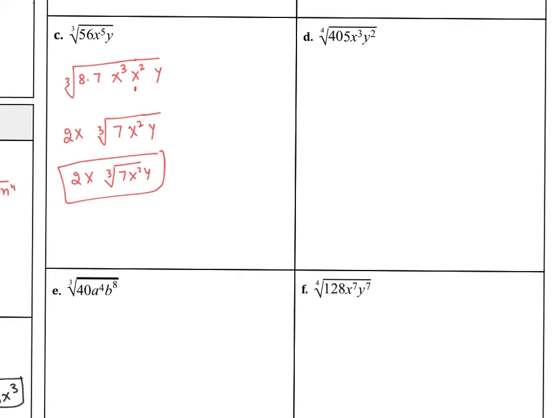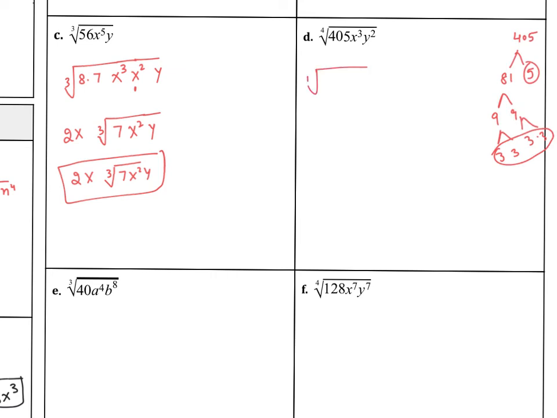For letter D, you're going to make a factor tree if possible for 405. That's going to be 81 times 5, and 81 is 9 times 9, and that's 3 times 3 times 3 times 3, and 5.